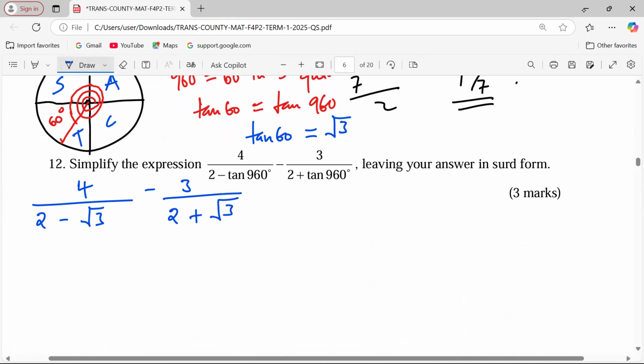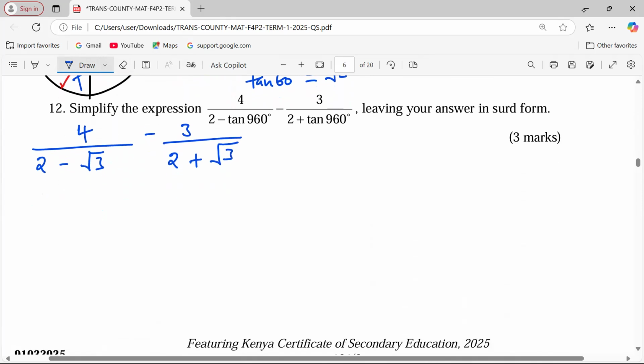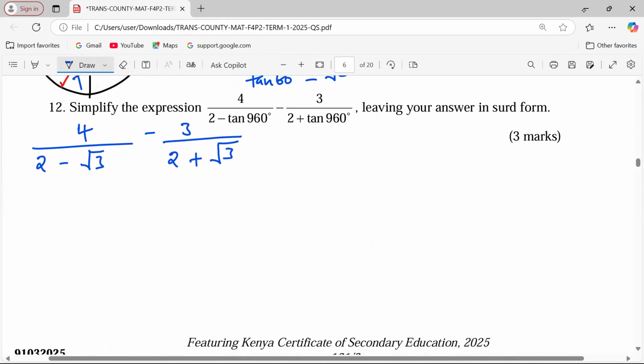Because this will be treated just like a normal fraction, I'm going to have the LCM as 2 minus the root of 3 into 2 plus the root of 3. When I take the LCM and divide by the first denominator, I will get 2 plus root 3, because 2 minus root 3 will cancel.